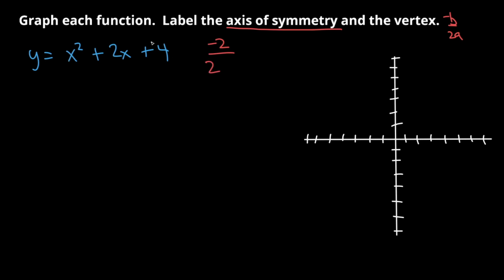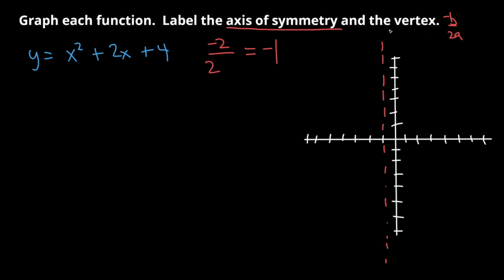And it's just a 1 here, so that's just 2 times 1, or just 2. That simplifies to negative 1. So the axis of symmetry is when x equals negative 1, which is right here. That's going to be the foldable section where it'll be a nice mirror image.